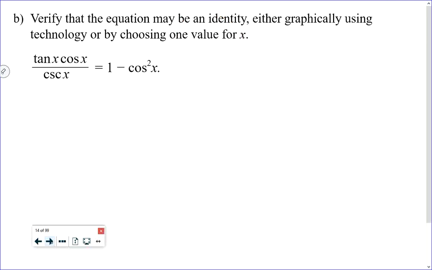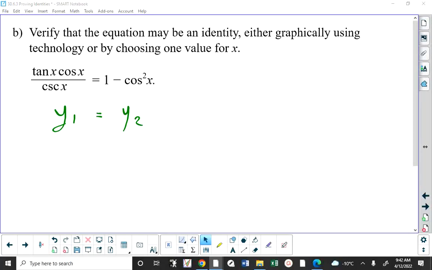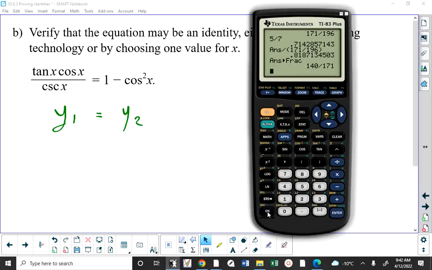Let's verify this. Let's put into our calculator for y1, the left-hand side, and for y2, the right-hand side. And you'll want to follow along very carefully because entering the left-hand side is tricky. I have to enter tan x times cos x, and then I have to divide by cosecant.